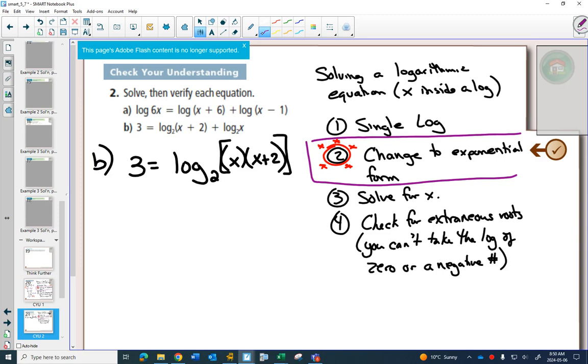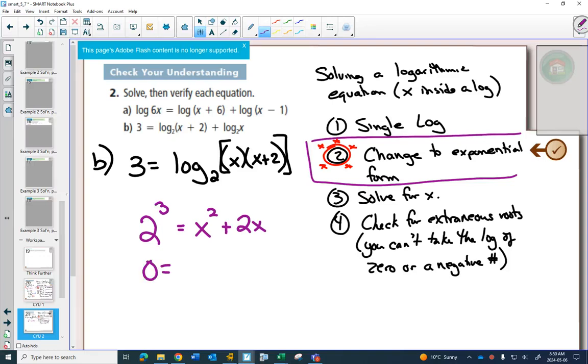This is the step. We take what we have, we multiply that out, and we write it in exponential form. And that changes it from a log equation, and now we just have a quadratic equation to solve.